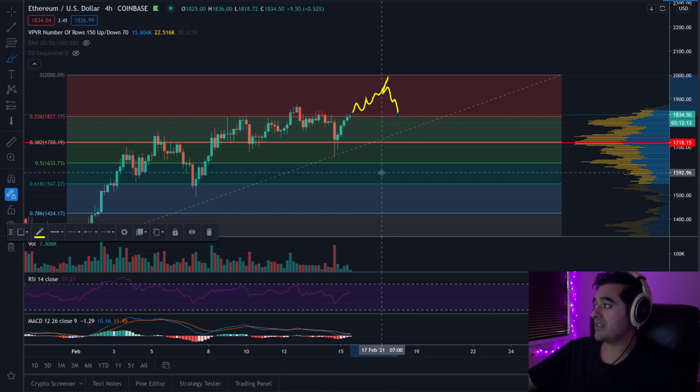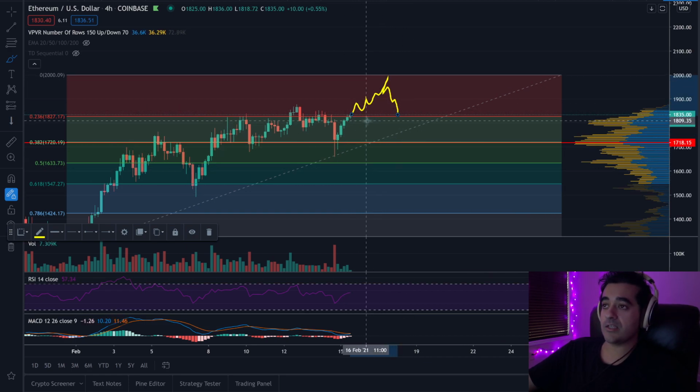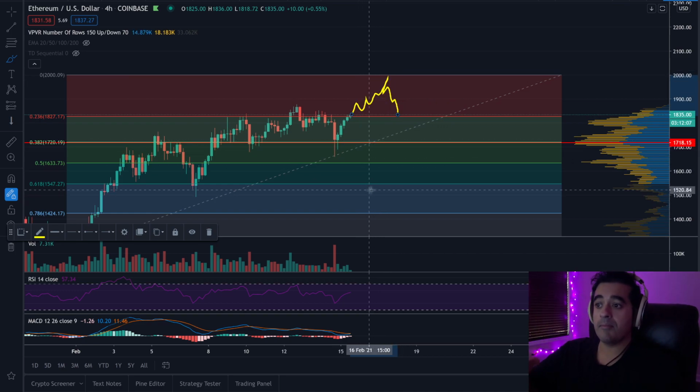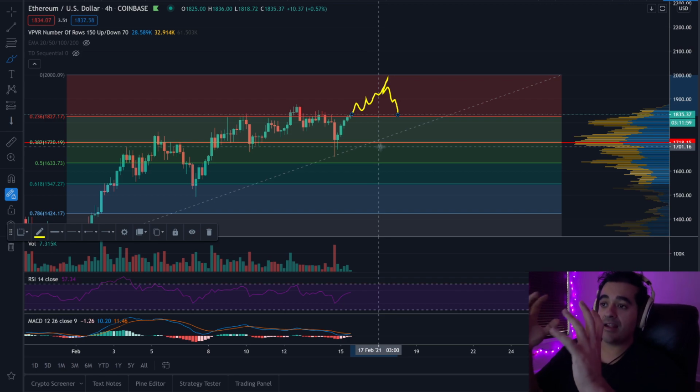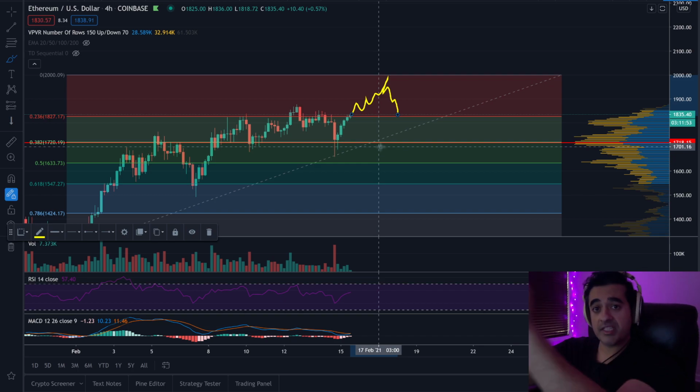Now, seeing a move like this would be really good for Ethereum because it would take it up to kind of an overbought level. The RSI might start getting a little bit high, and if that happens, you want it to correct back down so some of the people that have been in it for a while take their profits, and you have more people buying at those higher levels so the price can keep moving up.